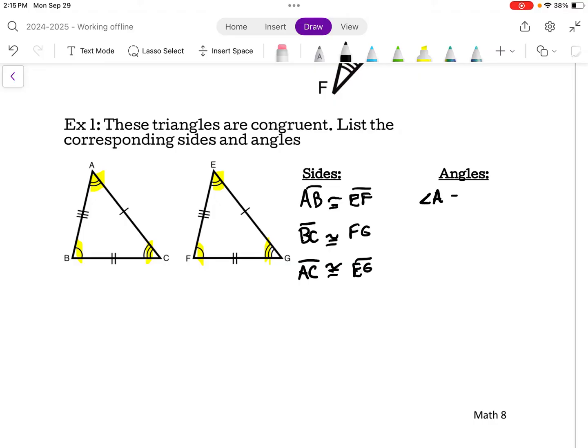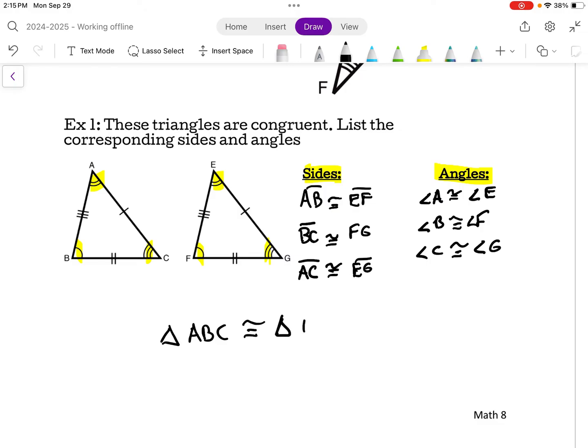So angle A is congruent to angle E, angle B is congruent to angle F, and angle C is congruent to angle G. And that proves that if sides and angles are congruent, then in the end these two triangles are congruent. So I could finish this off by saying triangle ABC is congruent to triangle DEF.